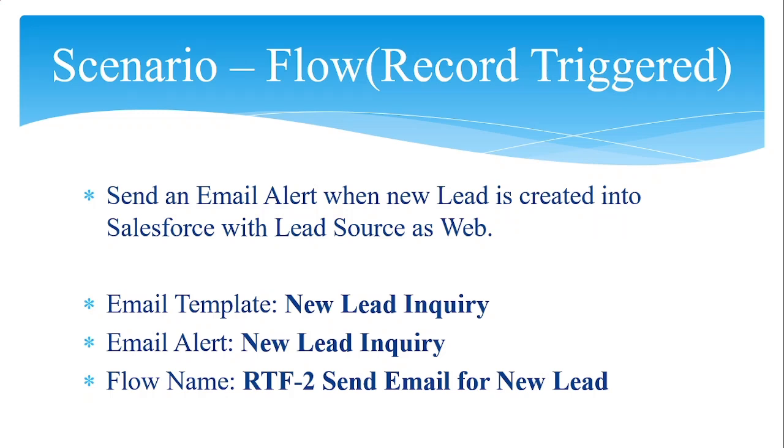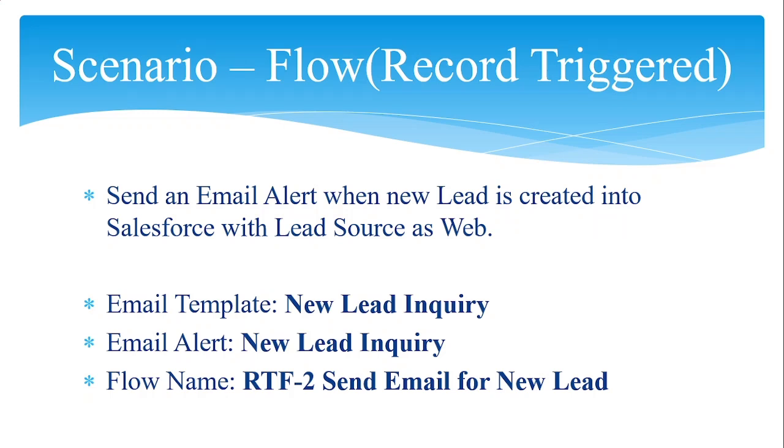In order to do this scenario, first we have to create an email template. This email template collects the data we are going to send to the users, or to where we are getting the leads from. Then in workflow action we are going to create an email alert, and this email alert we are going to use in the flow.